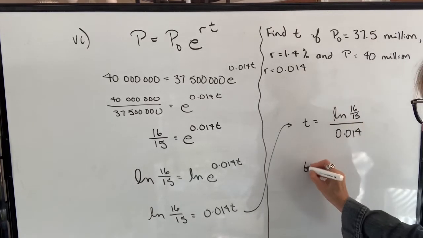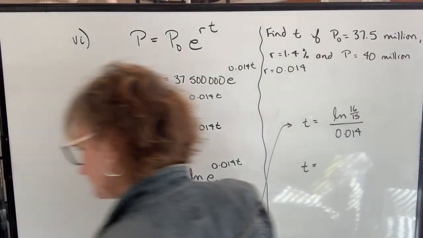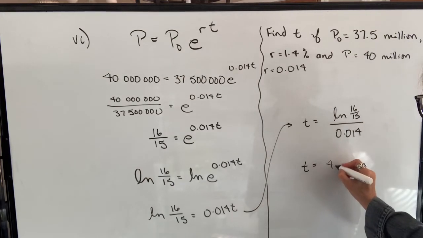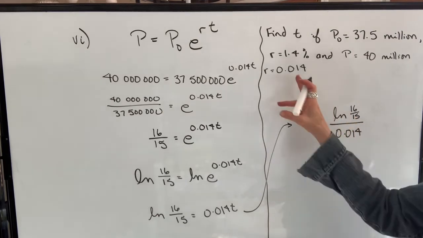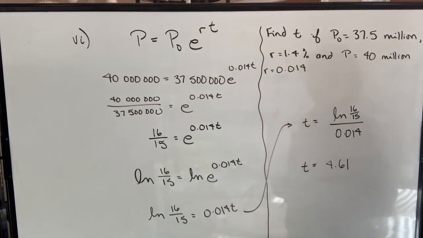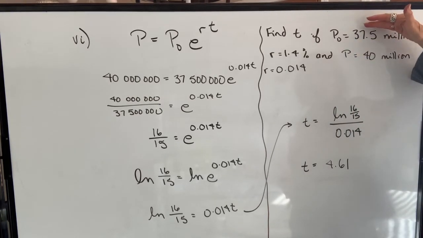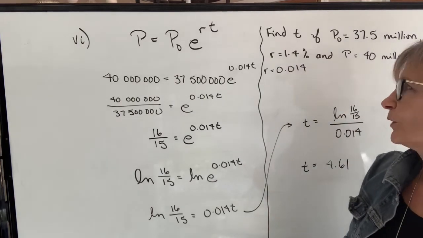Now I can use my calculator to solve, punch everything into my calculator, and I get 4.61. So in this case, if we were talking about that rate in years, it would take 4.61 years for a country that has this population to grow to this population if the growth rate is 1.4%.